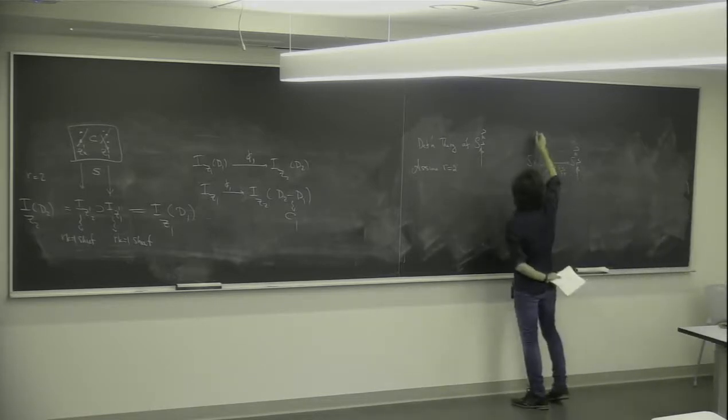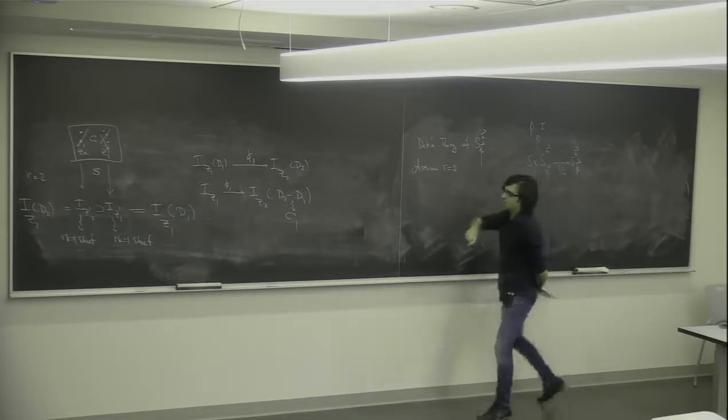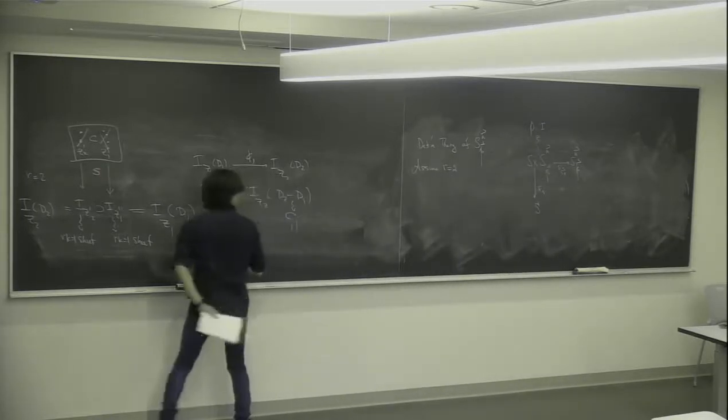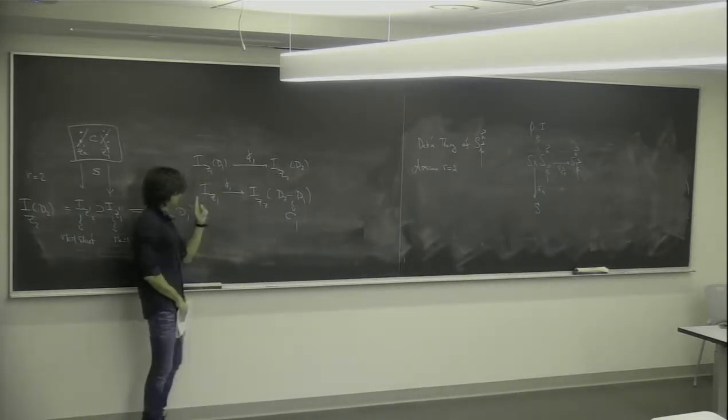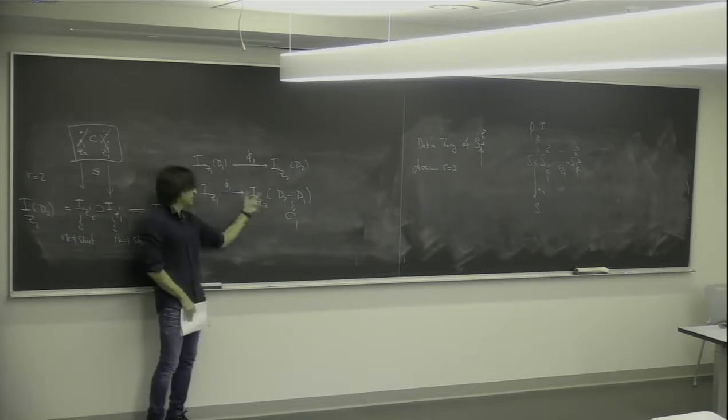So over here, I have a universal map from I of, if I put the twist on one of these, you can see, this is why this is nice, right? If I put the twist over here, then this is just an ideal sheaf of points, and this is an ideal sheaf of curves and points.